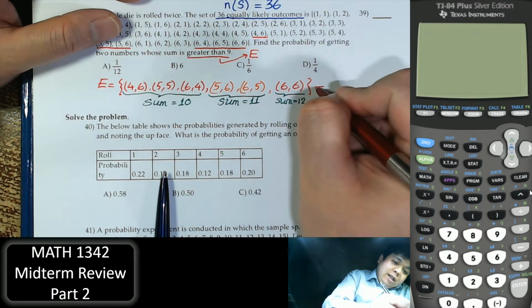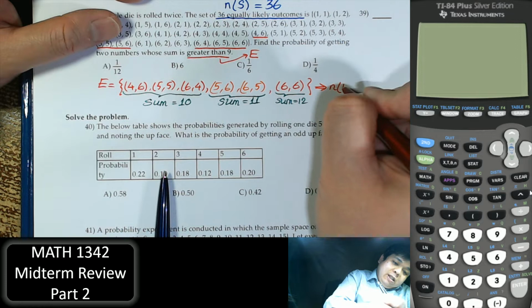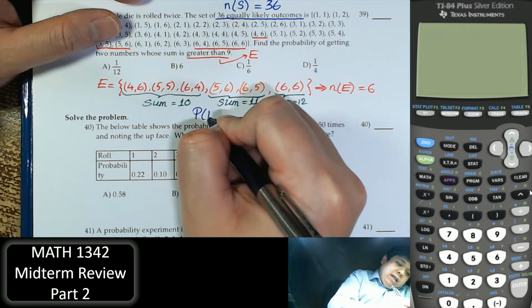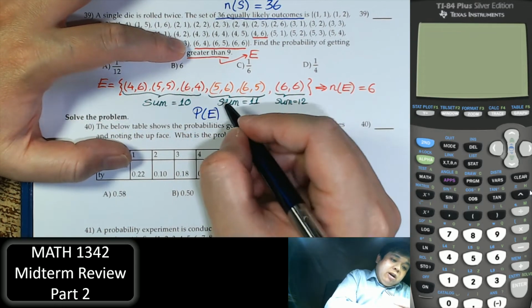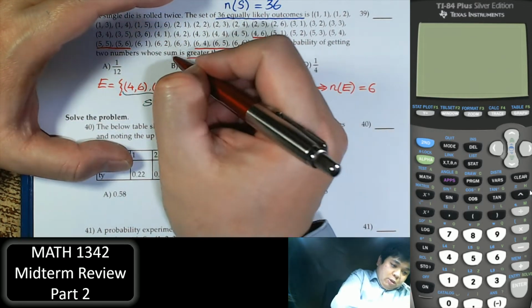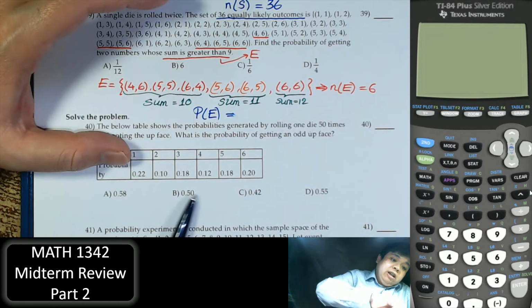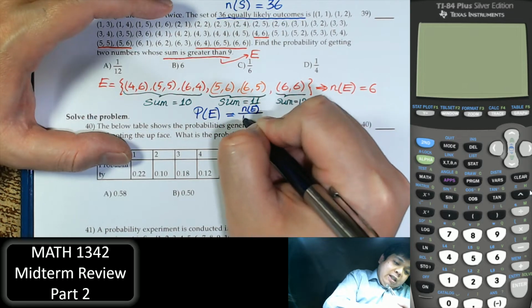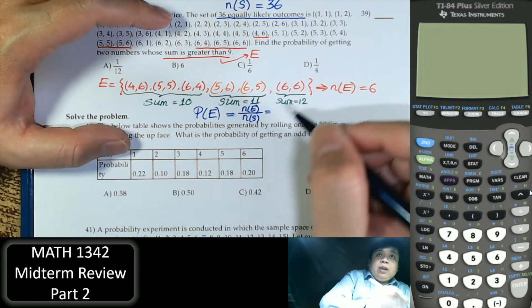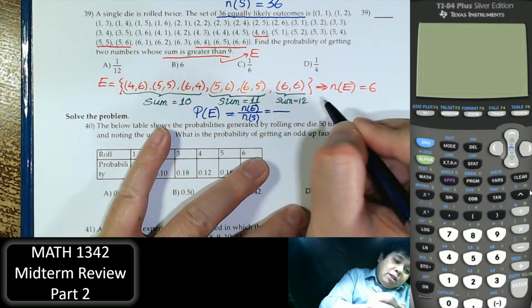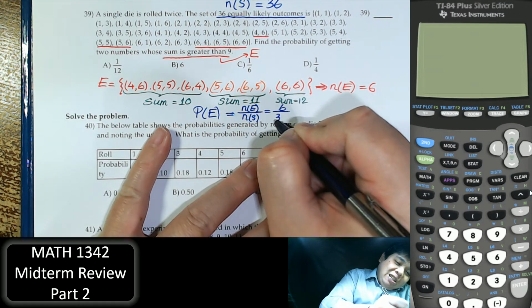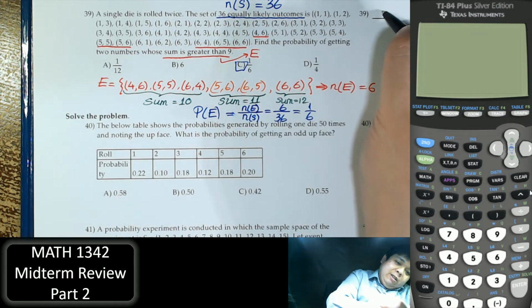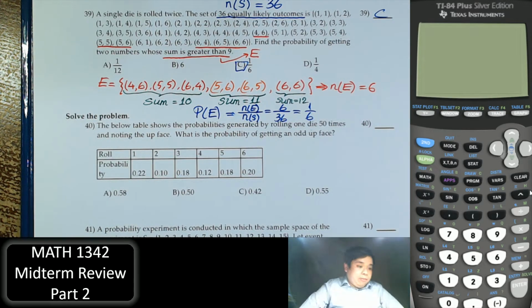So in this event, we have 6 possible outcomes, and the probability of getting event E, where the sum is greater than 9, is the number of elements in the event divided by the number of elements in the outer sample space. That's 1/6. So pretty much we just count.